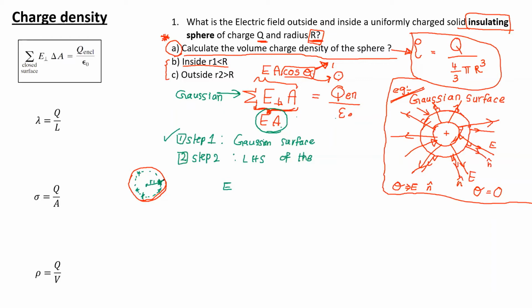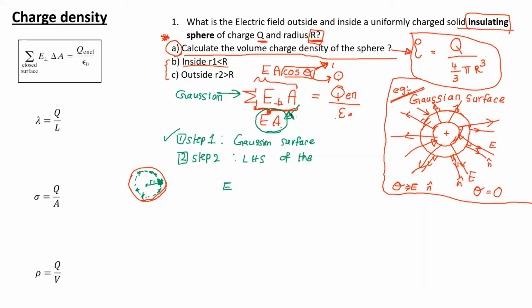I got a question in the chat: why not the entire sphere if it is uniform? We are going to find the electric field at a location like this, right? We need the electric field inside the sphere, and that means our Gaussian sphere should be inside the sphere. And this area is the area of the Gaussian sphere.